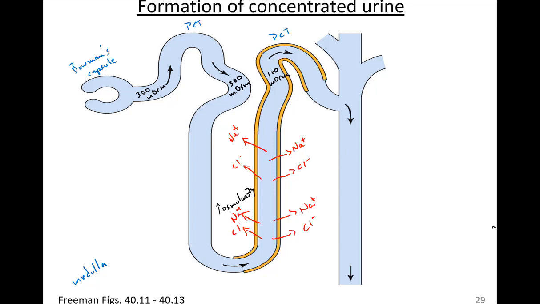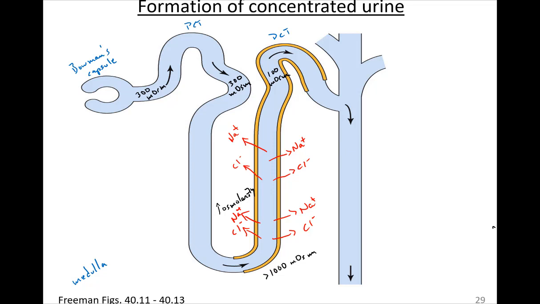And so it sets up a gradient that causes the medulla to have a much higher osmolarity than the cortex. That can be in the ballpark of 1,000 or more milliosmolar deep down in the medulla. And so there's a gradient of osmolarity from the medulla up to the cortex.